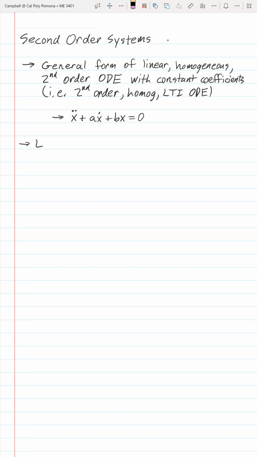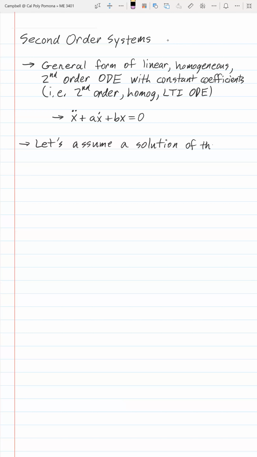So now let's go ahead and assume, let's say that maybe we can guess the solution associated with this particular type of differential equation.